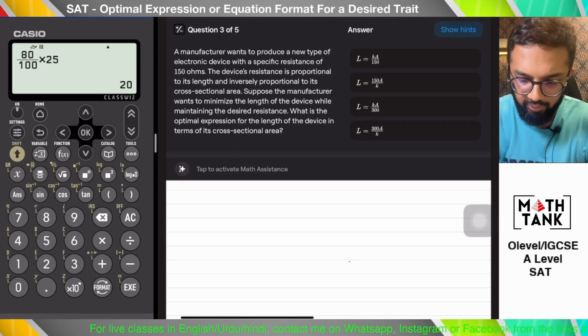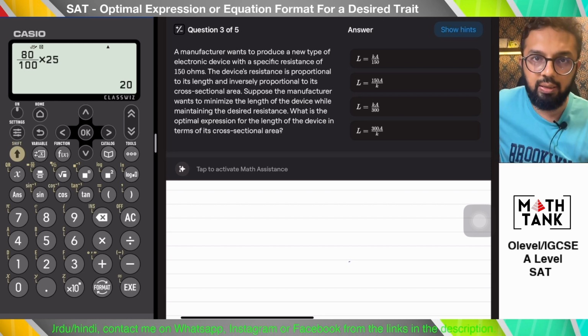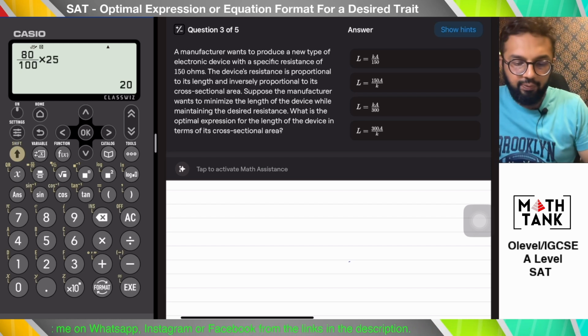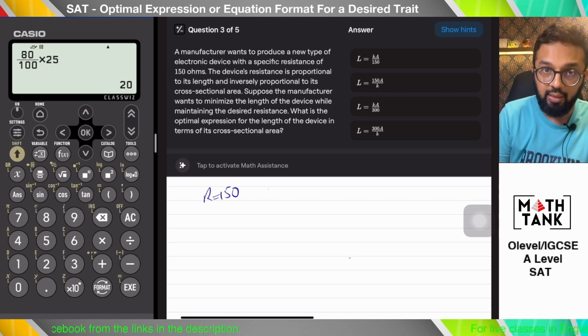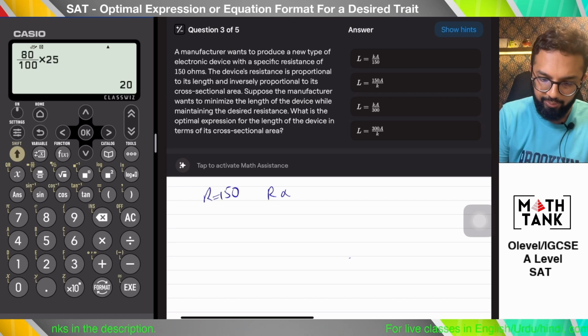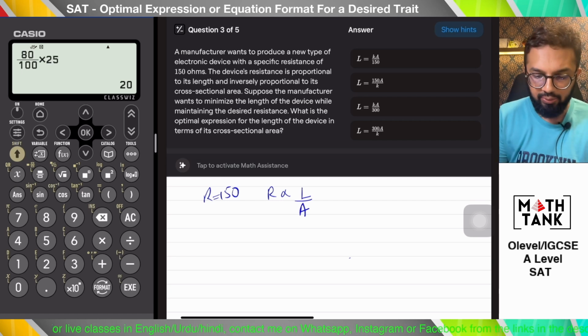Question number three says a manufacturer wants to produce a new type of electronic device with a specific resistance of 150 ohms. The device's resistance is proportional to its length and inversely proportional to its cross-sectional area. So I can write L over A, because L is directly proportional.